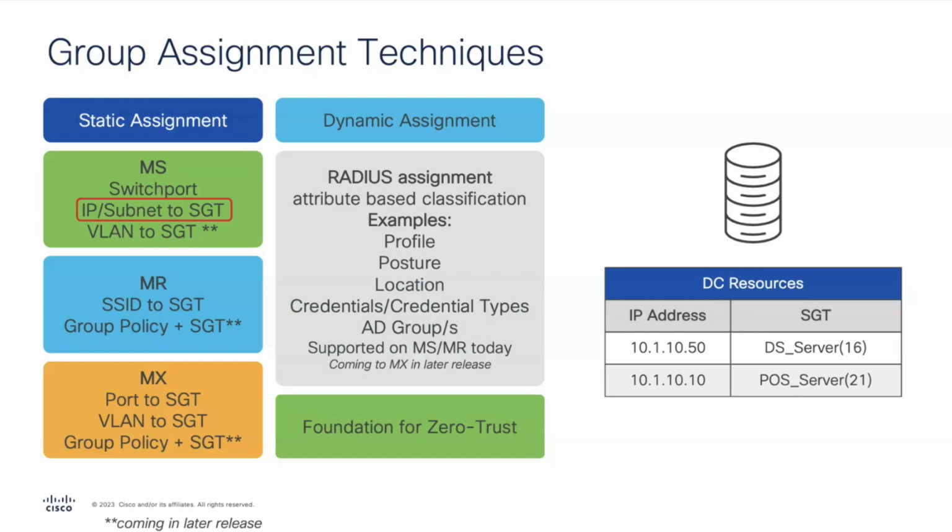And then if any traffic ingresses the switch coming from that host, we will associate it to that SGT and be able to apply the same level of policy that we would have if it was directly connected.